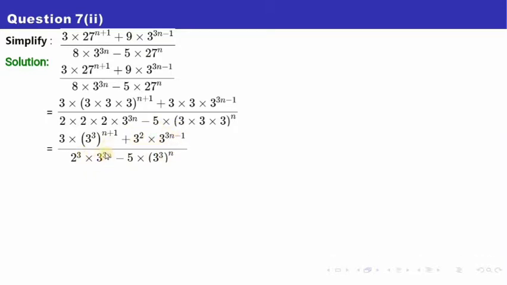And what about this? We cannot do anything with this because here the base is 2 and here the base is 3. For applying the laws, the base has to be the same, isn't it? If both are the same, then only we can apply the laws of exponent, but here since they are not the same, we cannot apply.